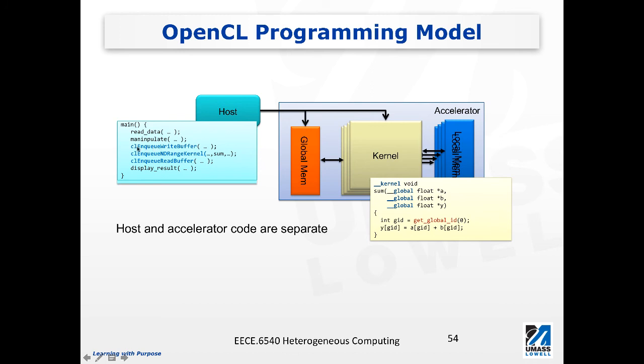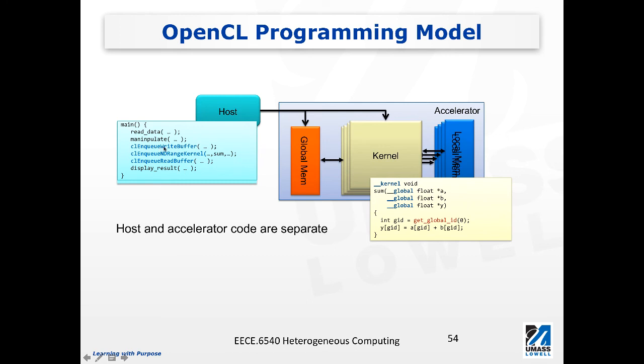We see here clEnqueueWriteBuffer, which is typically used for moving or copying the data from host memory to the device memory to get it ready for the kernel execution. After the kernel is completed, correspondingly, we have clEnqueueReadBuffer to read the results from the device memory to the host memory, so that we can display the result or do other things.